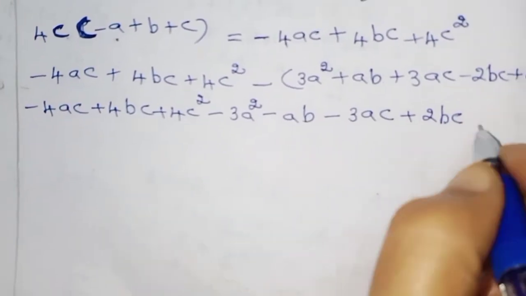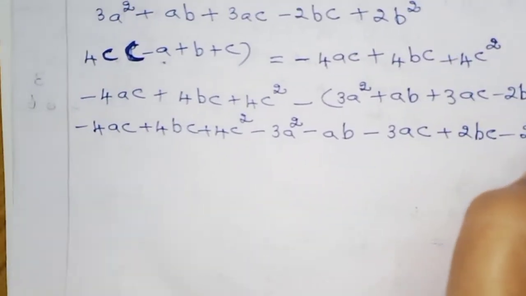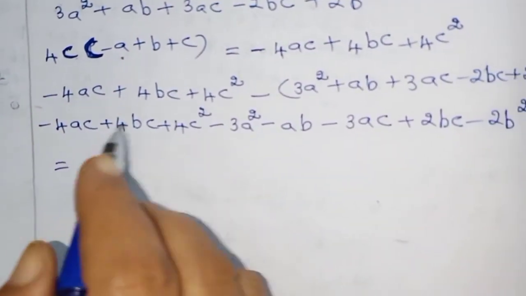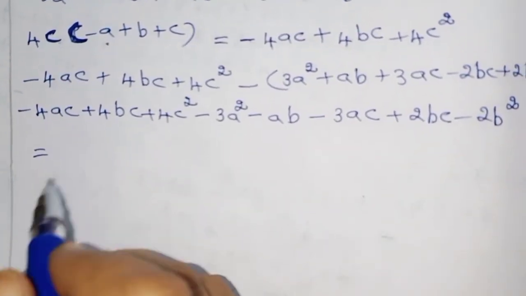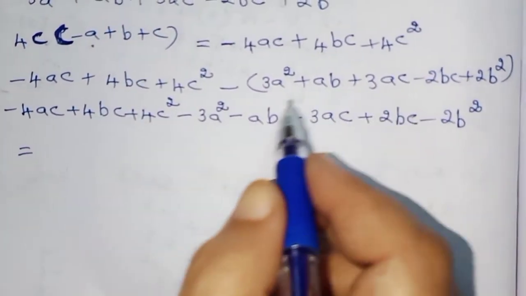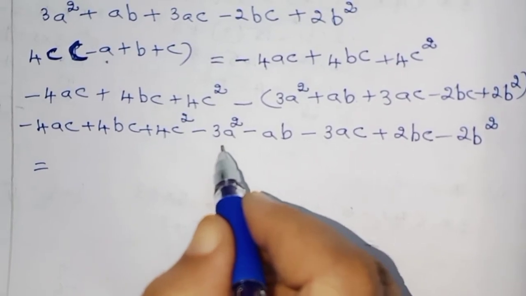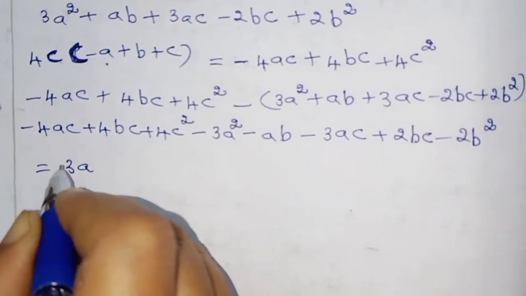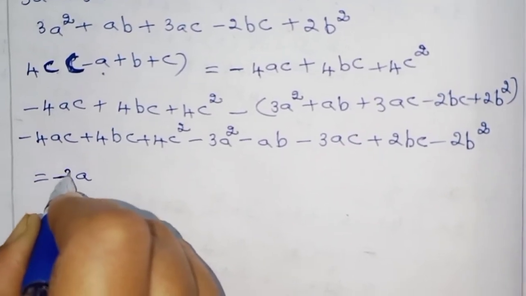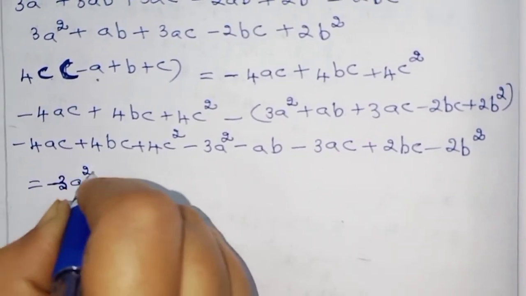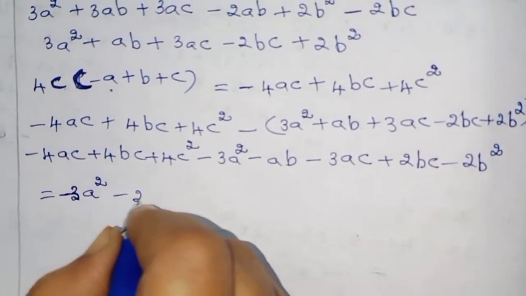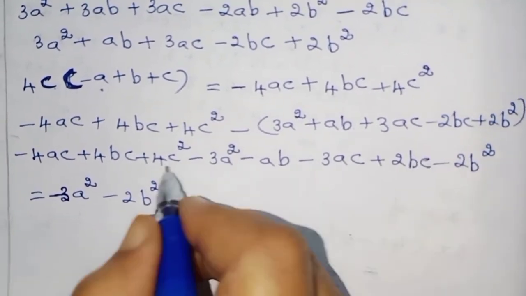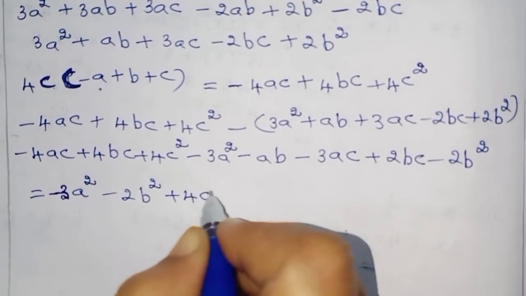Minus into plus is minus, so it is minus 2b square. Now we add and subtract the like terms. First we write all the squares here: minus 3a square minus 2b square plus 4c square.